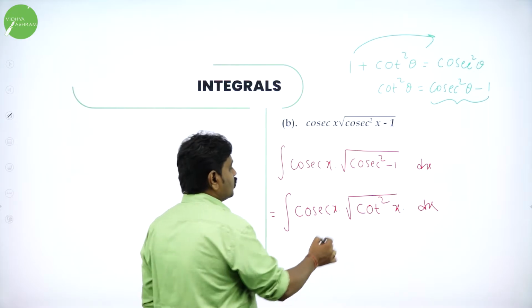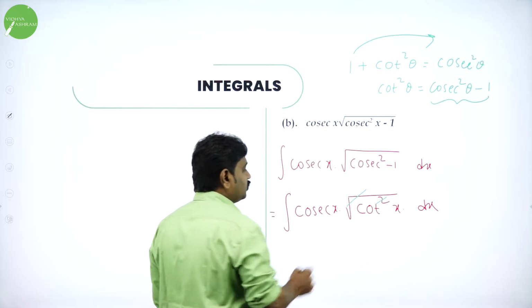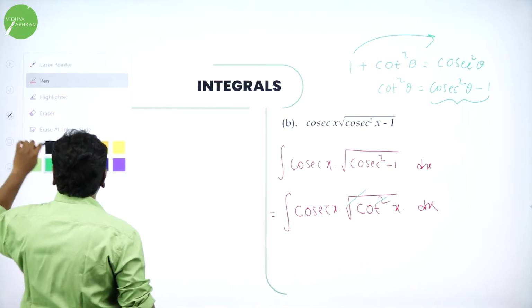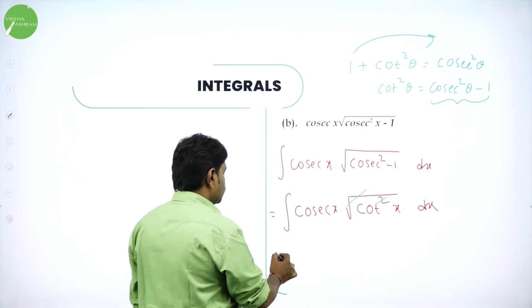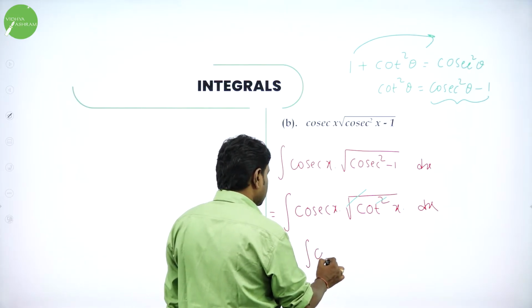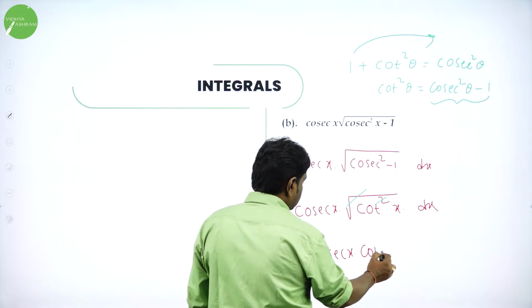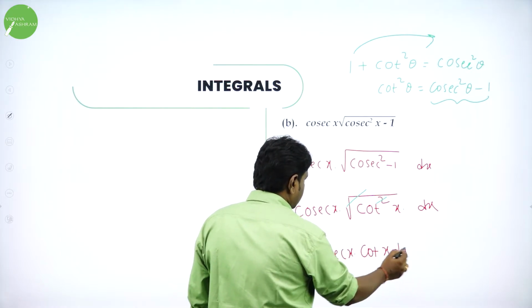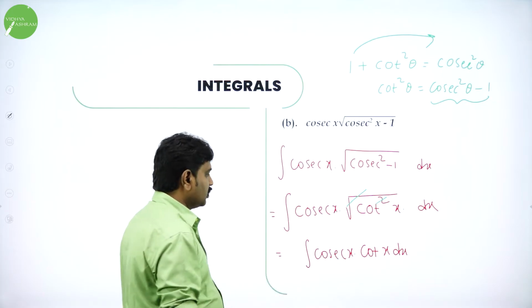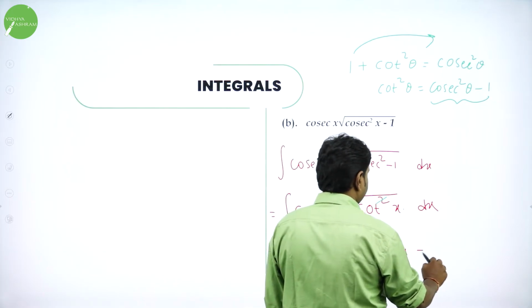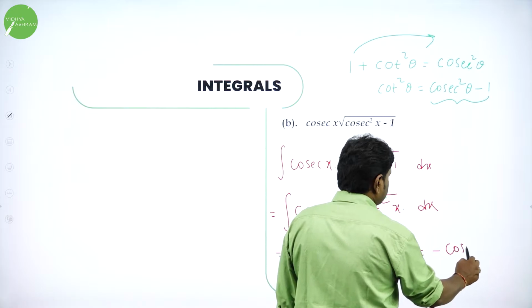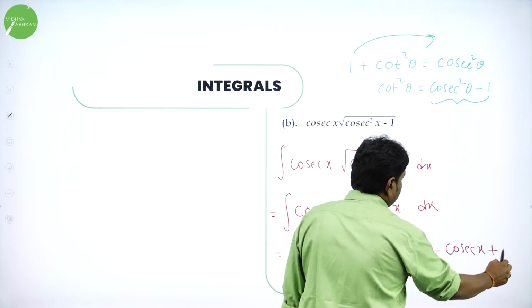You can cancel the square root and the square. And whatever is left out, integrate. So we have the integration of cosecant x into cot x dx. What is the integration of cosecant into cot? Minus cosecant x. So minus cosecant x plus c.